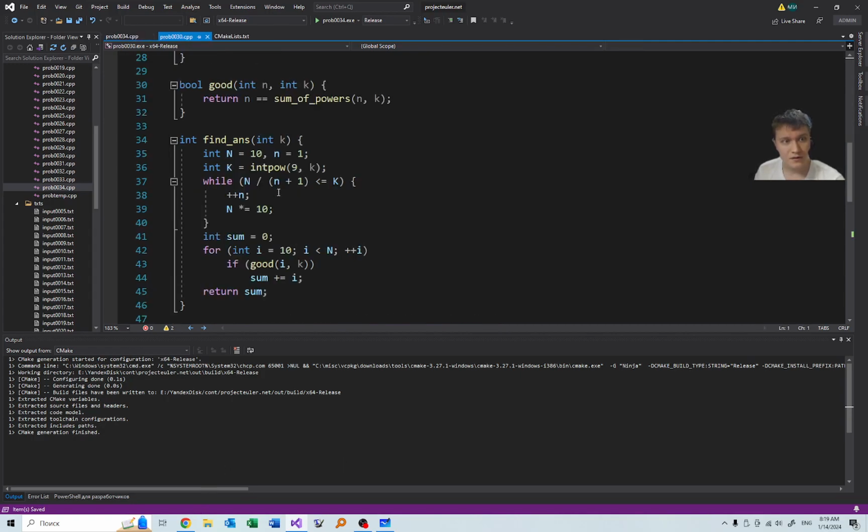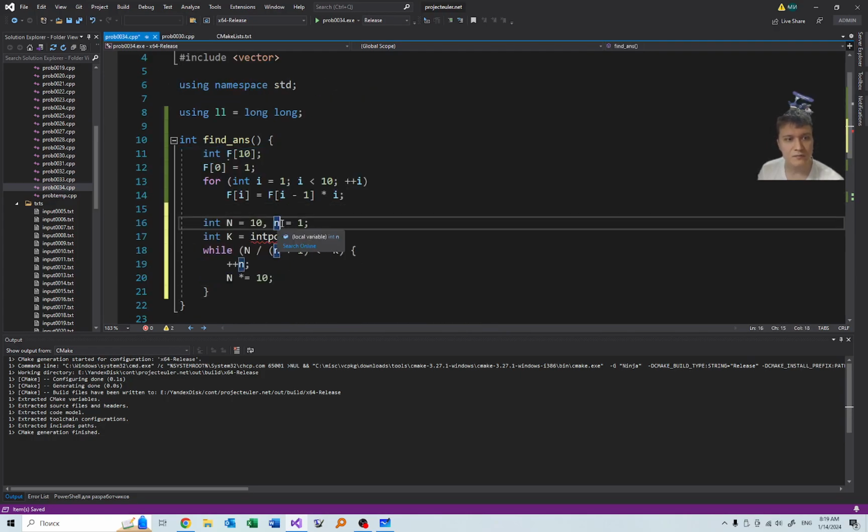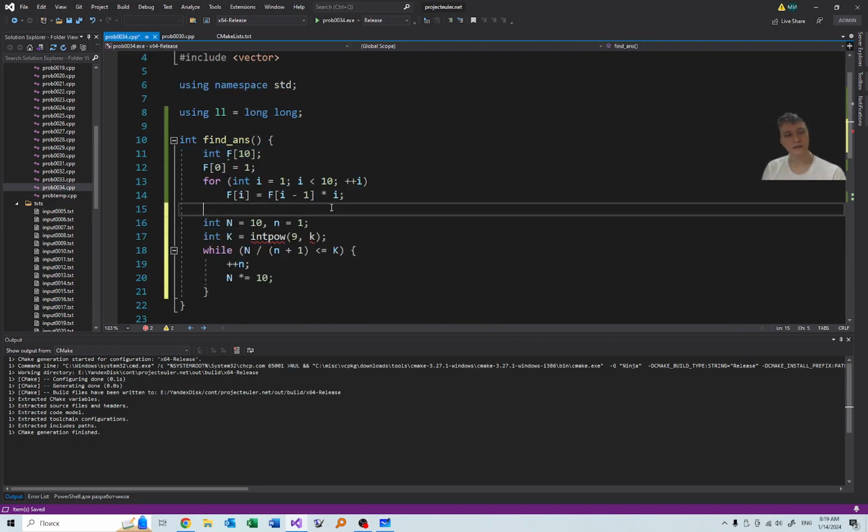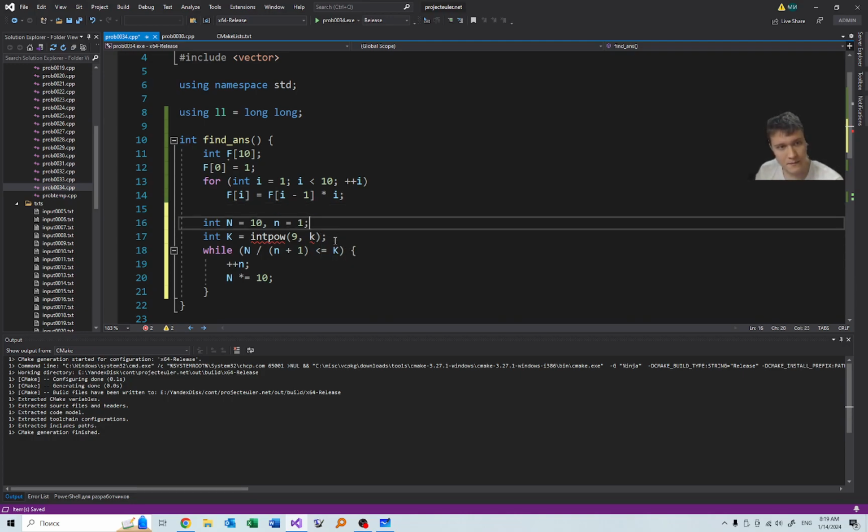So let's use this procedure, which finds the minimum such power of n that this is at most this.